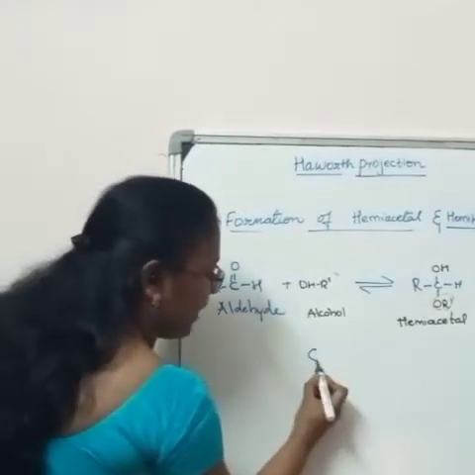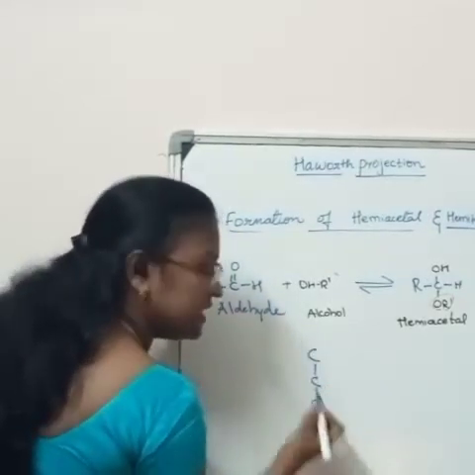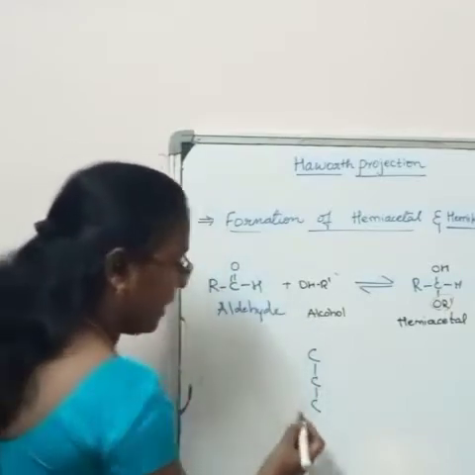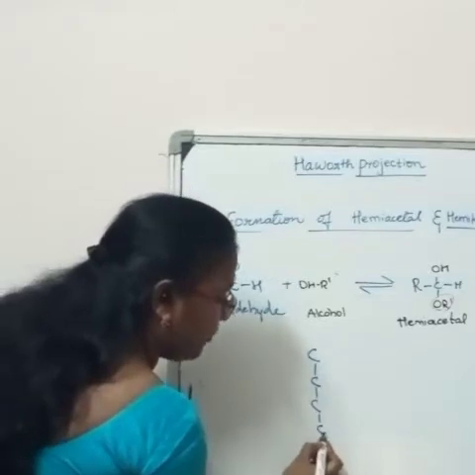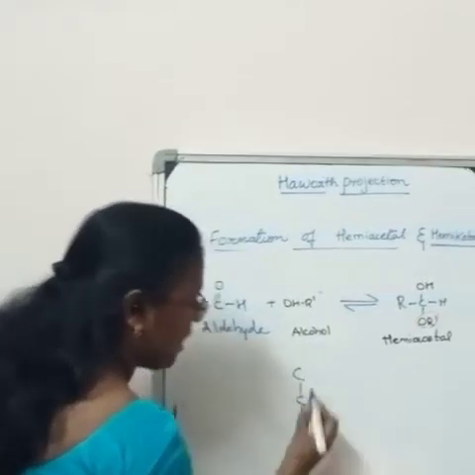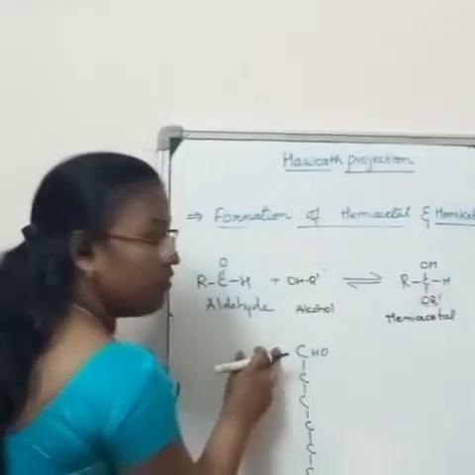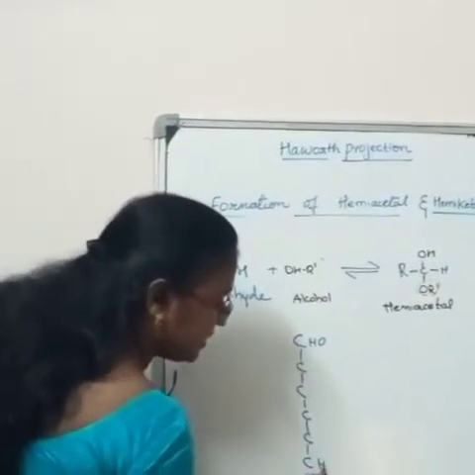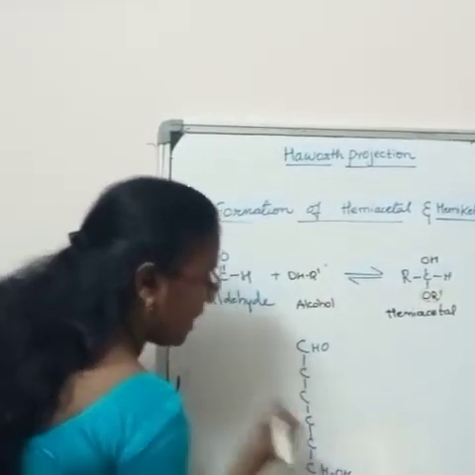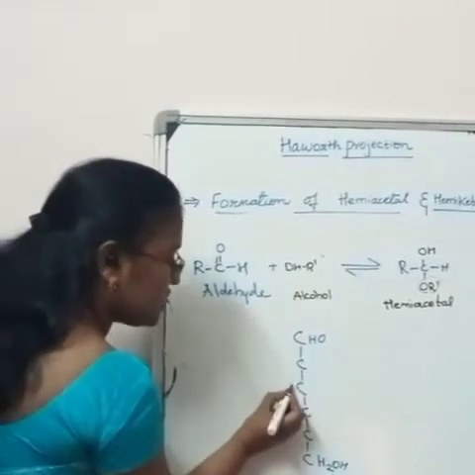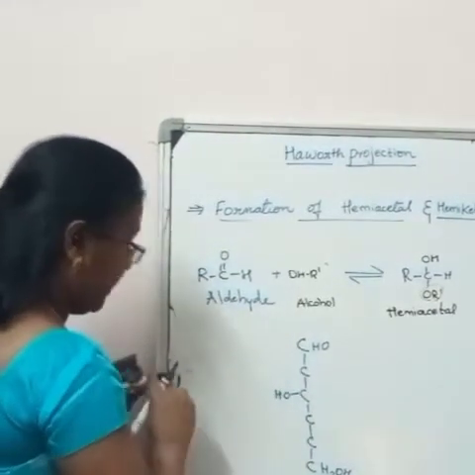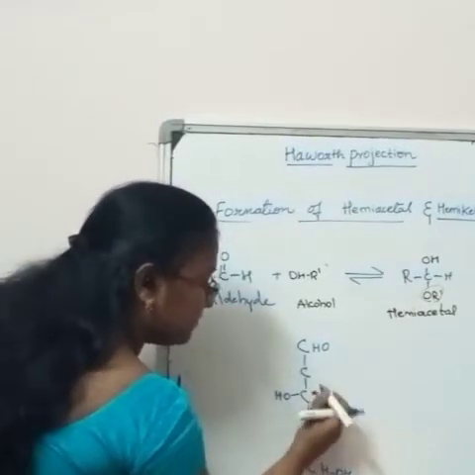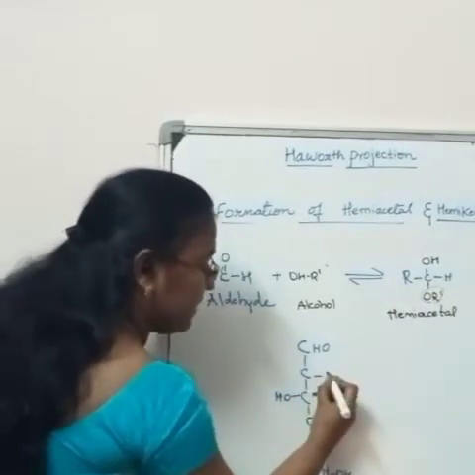It is a 6-membered compound, so let us draw 6 carbons: 1, 2, 3, 4, 5, 6. The first carbon is the functional group. The last carbon is the alcohol group. And as in glucose, the hydroxyl group on the third carbon will be on the left side. Now let us complete the structure.